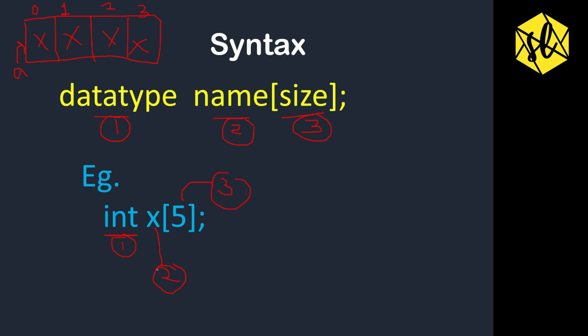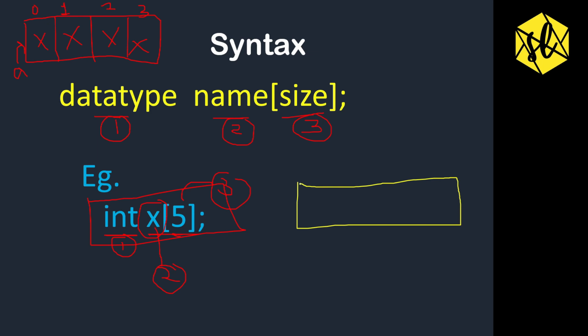Now what do we understand by this example? We will understand these afterwards, but for now just understand that it is saying: make an array that has name x and is of size 5. So in our memory, what happens?